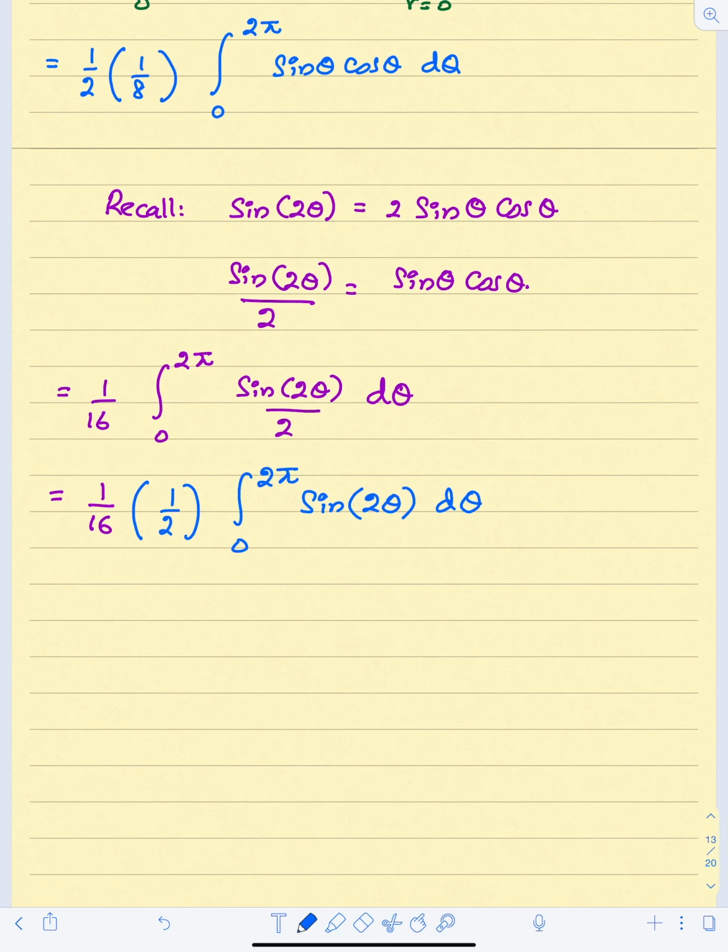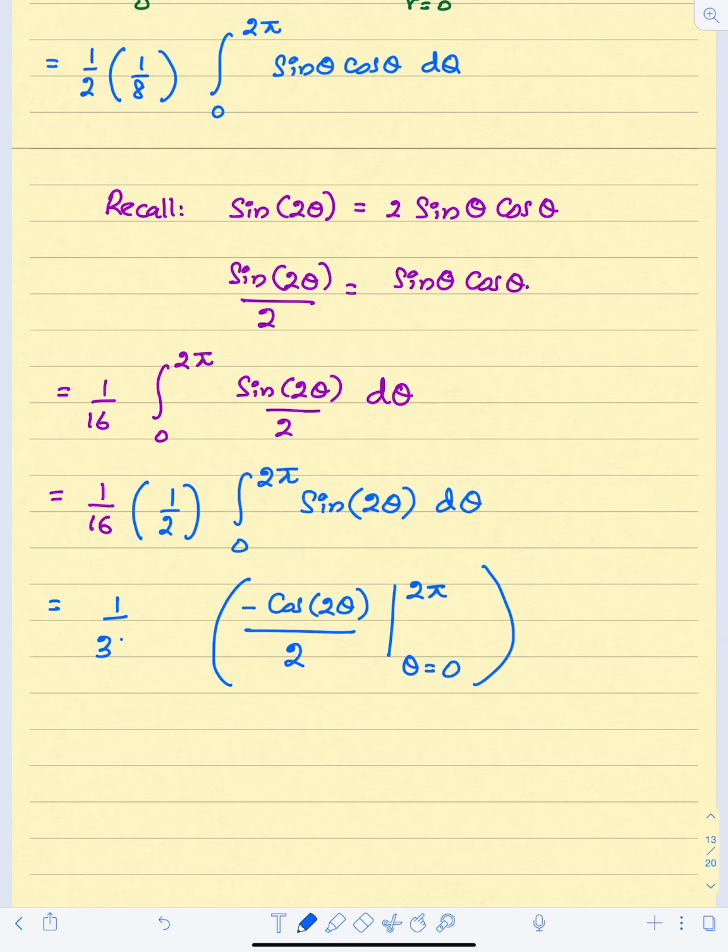The integral of sine 2 theta equals minus cosine 2 theta over 2. Lower limit of theta is 0, upper limit of theta is 2 pi, and in front of this we have 1 over 32.